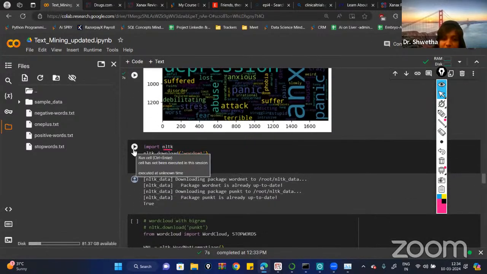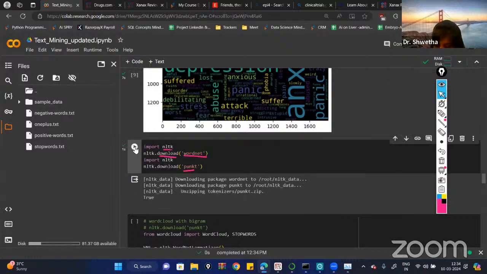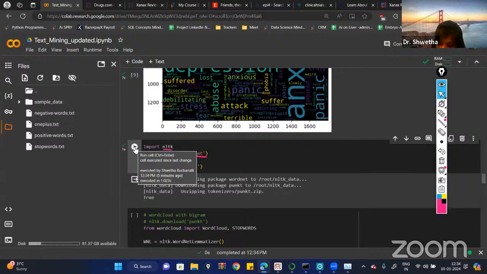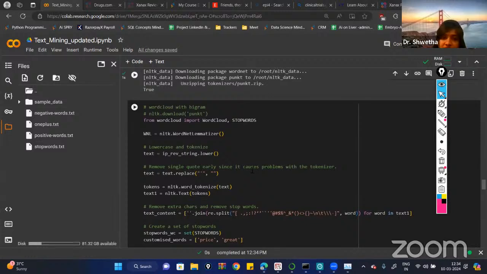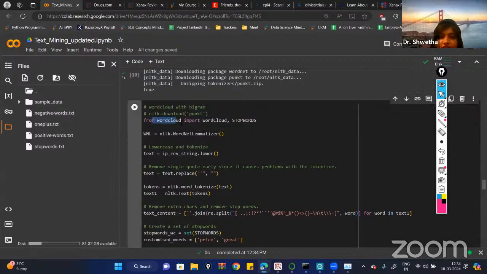After this, we are importing NLTK, and from the NLTK, we are downloading this. Okay. Now, we are using this to create word cloud with bigram, meaning 2 words. Next, from wordcloud, we are importing WordCloud and STOPWORDS.